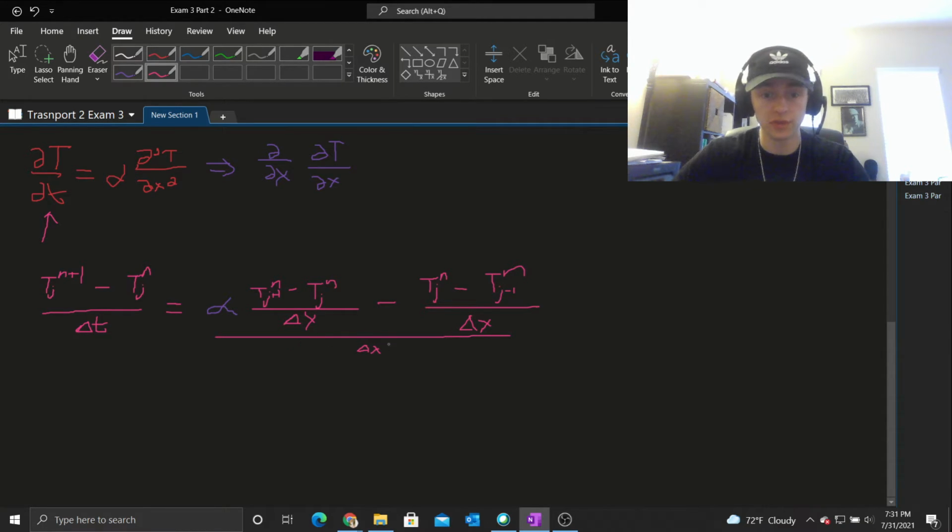If we removed this bottom part, this is only the first derivative. To get the second derivative, we need to divide by the change in position again.